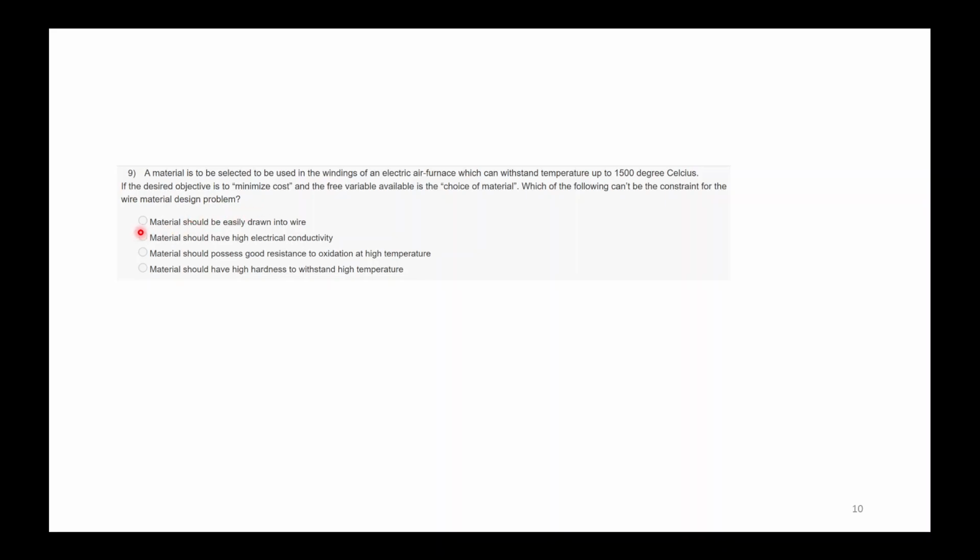Your options are: material should be easily drawn into wire, or material should have high electrical conductivity, or material should possess good resistance to oxidation at high temperature, or material should have high hardness to withstand high temperature.